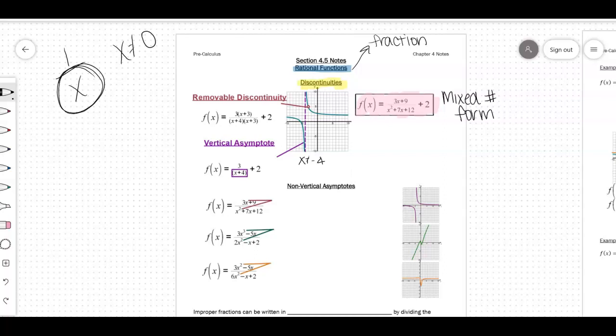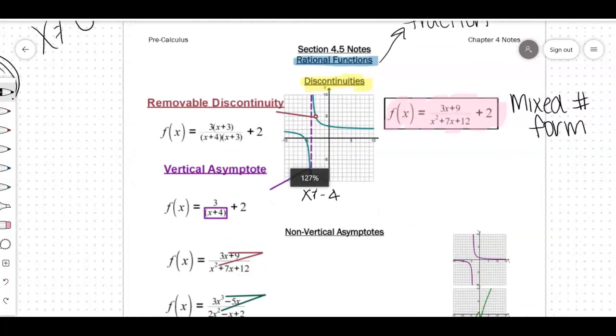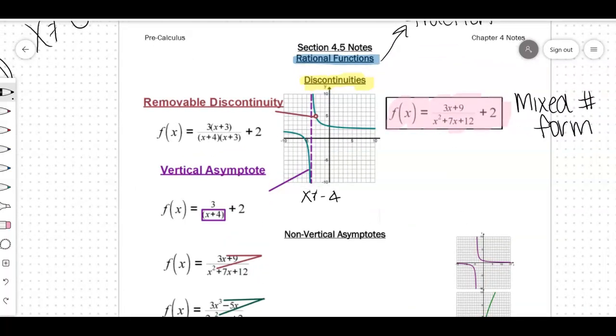So looking at this, I see that x cannot equal -4 and x cannot equal -3, because if we plug them in, we'd divide by 0, which again is not allowed. So at -4 and -3, we're going to see disruptions or discontinuities in our graph.